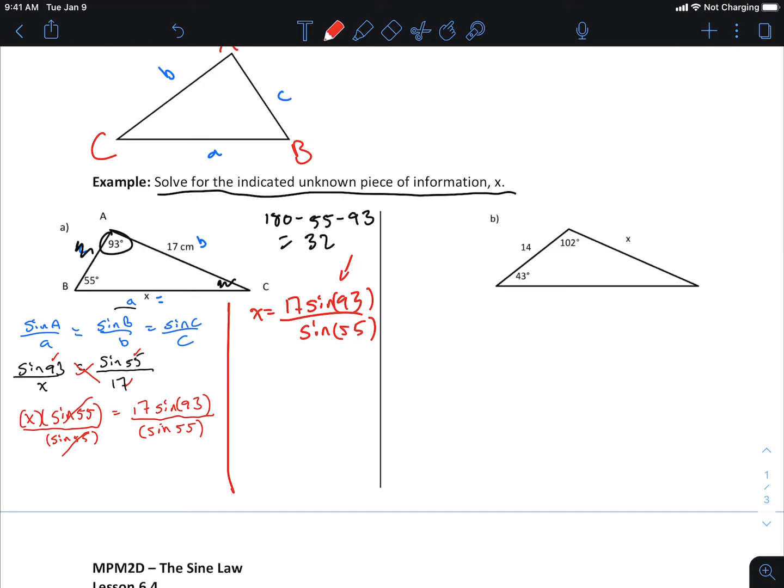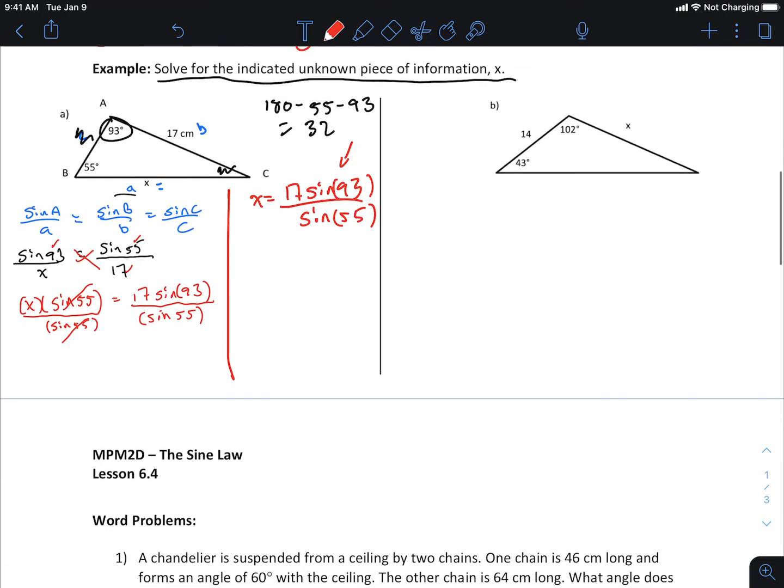This is the order you do it on your calculator: you're going to type 93 sine. It should give you a decimal number. This is the phone method. If you're on a regular calculator, you can physically type it in as sine 93, hit equals, it'll spit out a number. That's the number that's on your trig table.